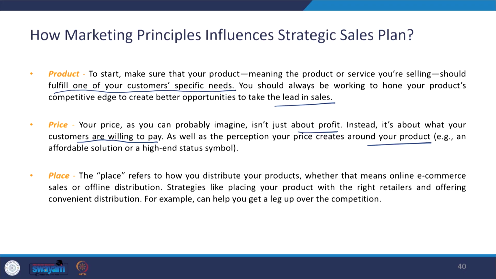So, place, another P. Place refers to how you distribute your products, whether that means online e-commerce or offline distribution. Strategies like placing your product with the right retailers and offering convenient distribution are important for your strategic sales plan as well. For example, this can help you get a leg up over your competition. If a particular company decides to go with exclusive distribution only through its own stores, it is actually limiting its reach to the audience.